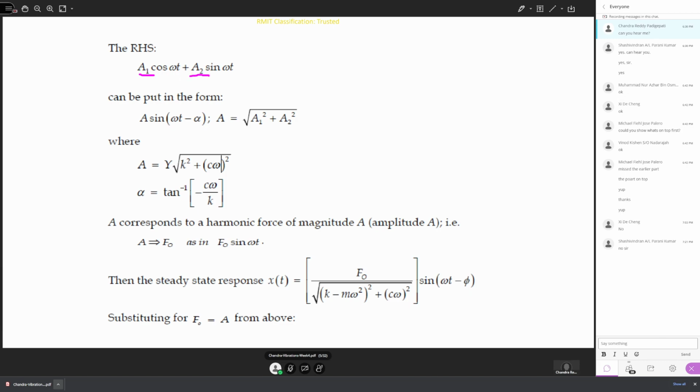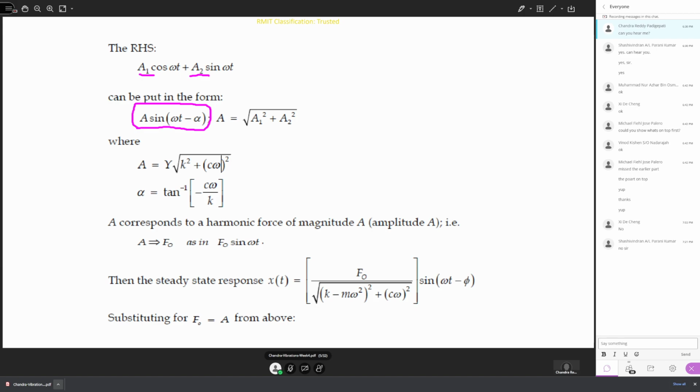And this one you can write with one constant A. So you can write it as A sin of omega t minus alpha. Here alpha is nothing but the phase. Sometimes we write it as phi or sometimes alpha.